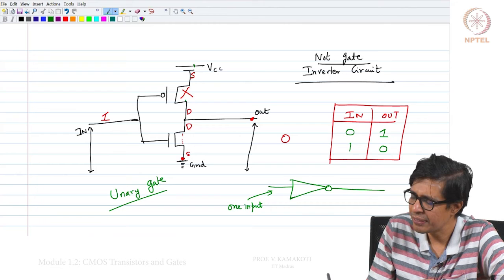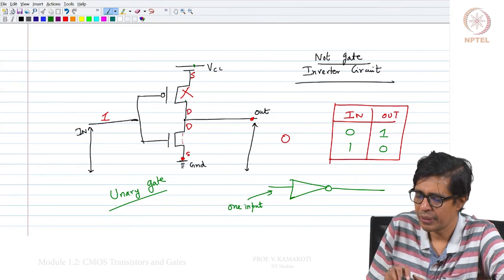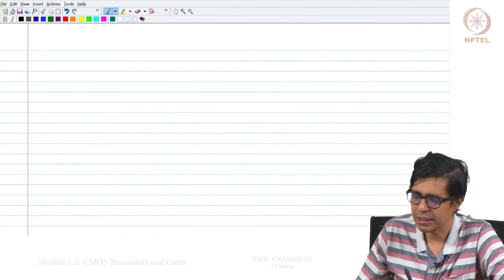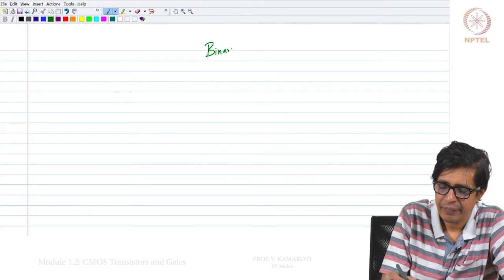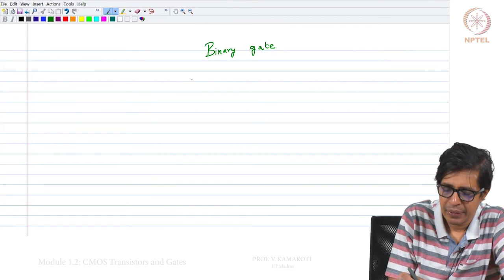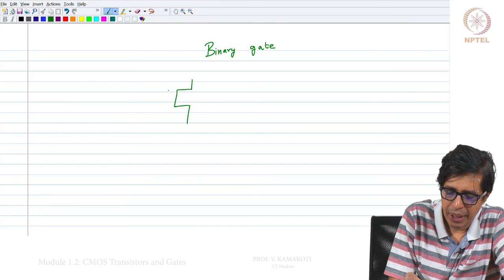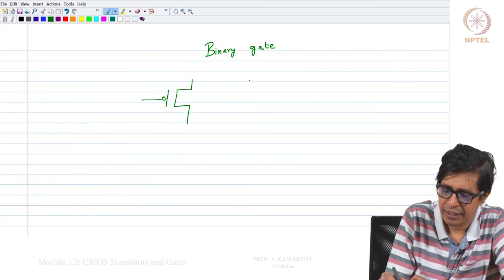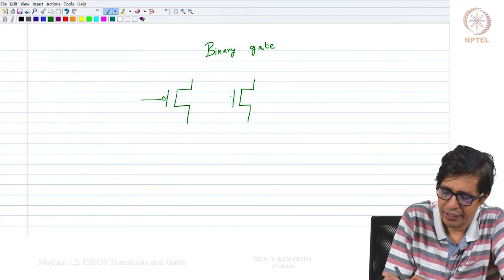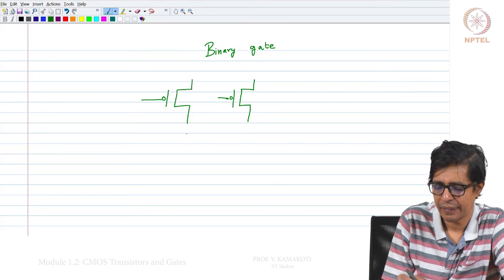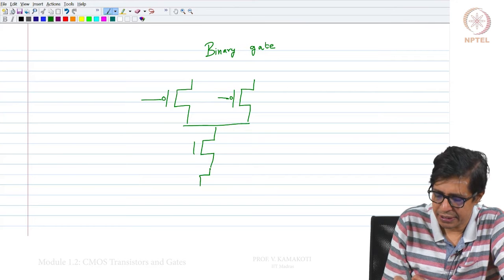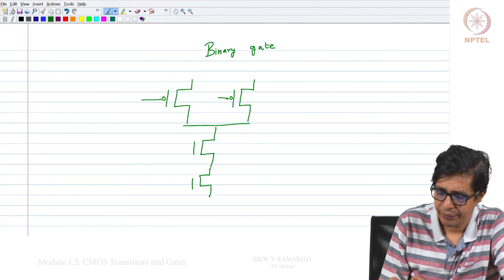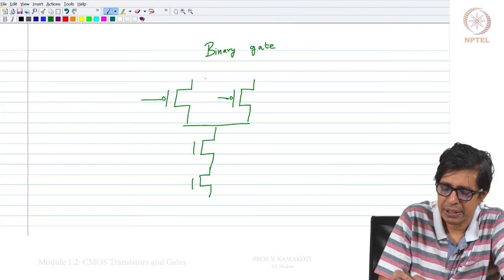Now, let us build something which is a binary gate. I put one P transistor here, another P transistor here, and I put 2 N transistors here.